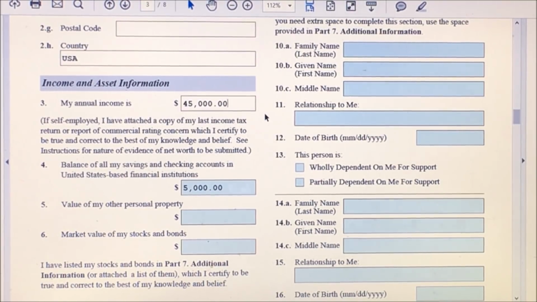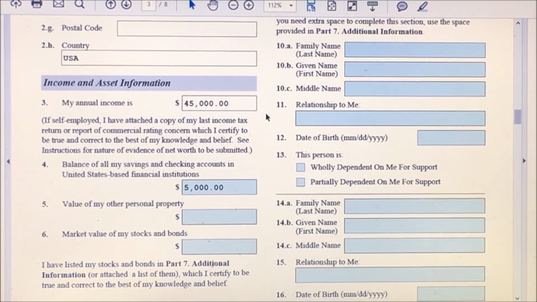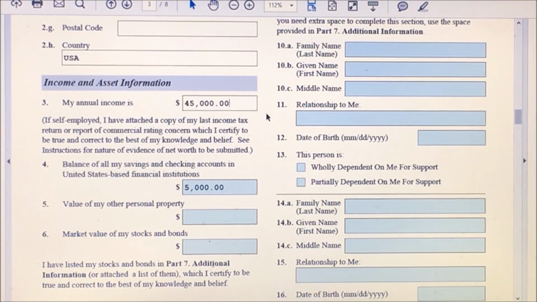Okay, and I have a separate video on minimum income range. I will include the link to my video and check that if you meet the minimum requirement. Okay, if not, you need to use a sponsor or co-sponsor.